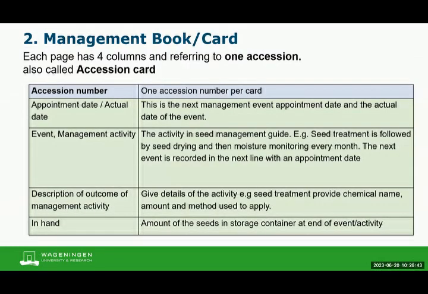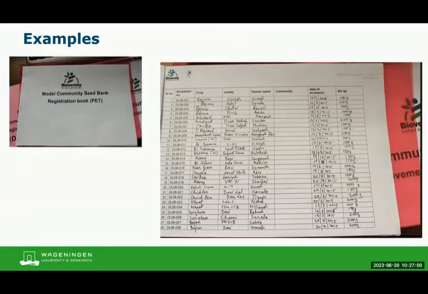Now we come to the management book. Actually, we call it a management book or management card. So this is called an accession card because this card always stays with the sample, or it is filed, but it is one card, one sample. The registration book is a form of a register where we have all the information in a tabular format.